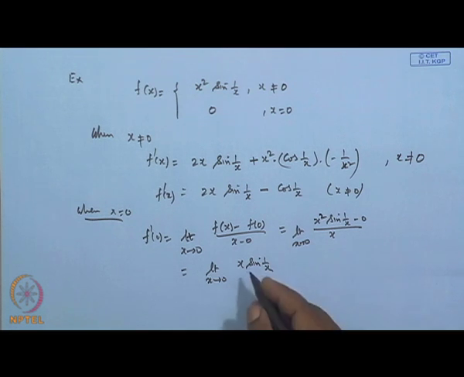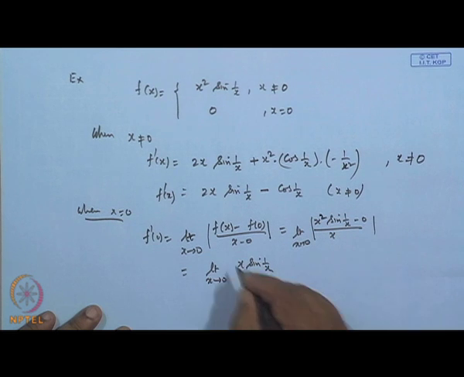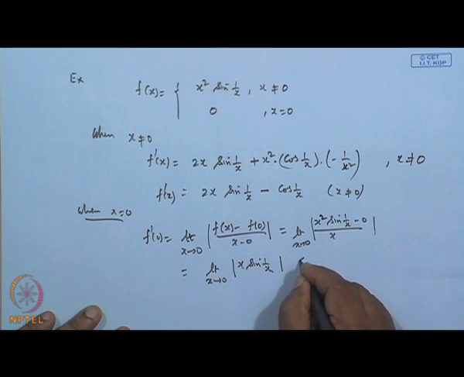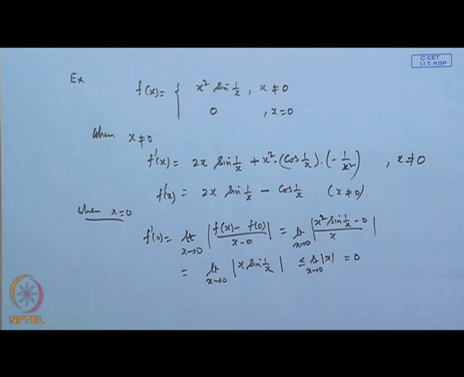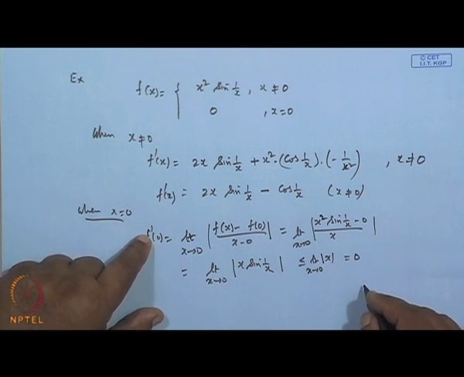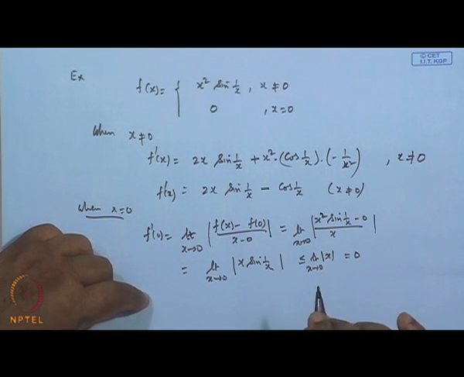So, when you take the mod of this, it is less than or equal to mod of x, and as x tends to 0, this limit comes out to be 0. Therefore, the limit exists and the derivative at the point 0 will be 0.